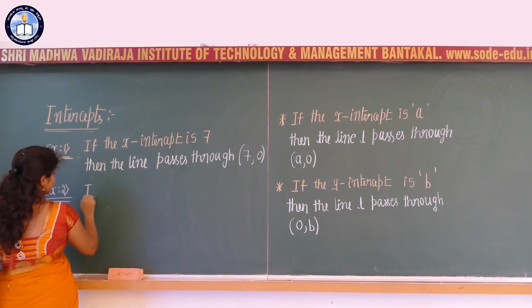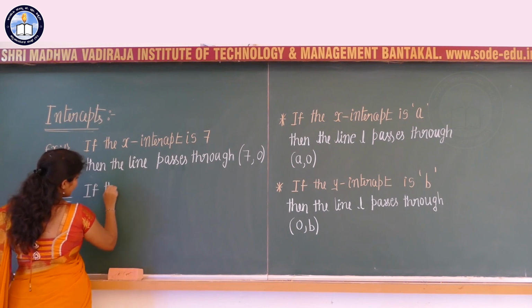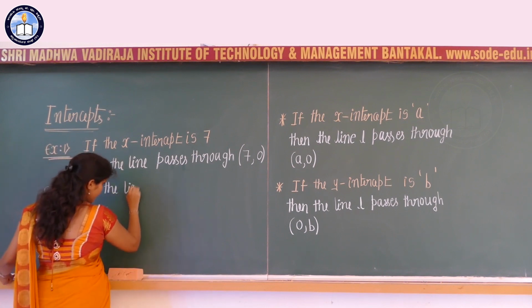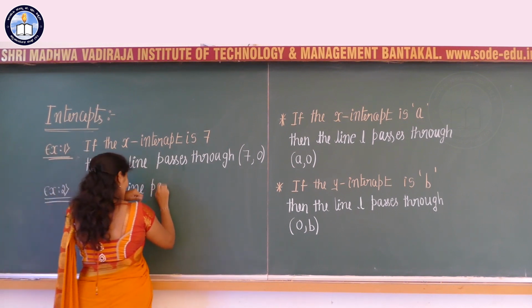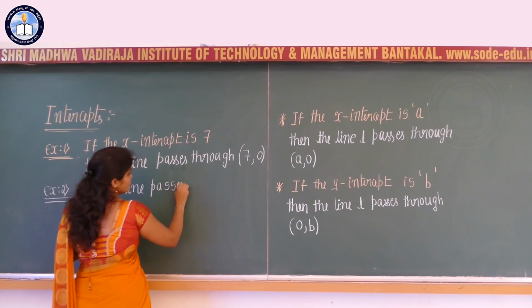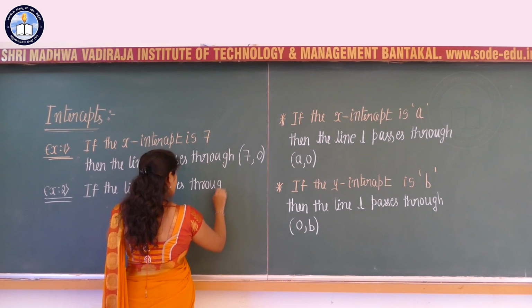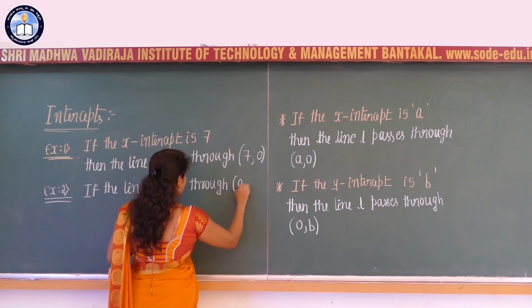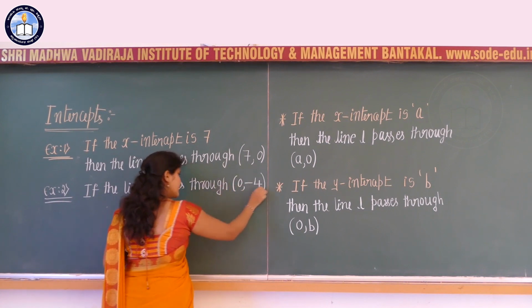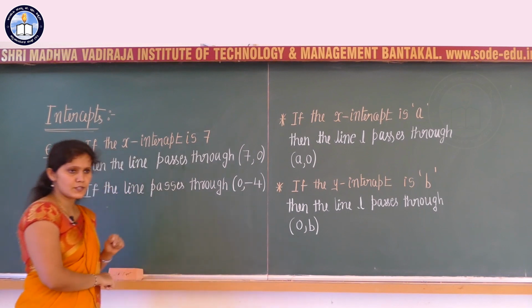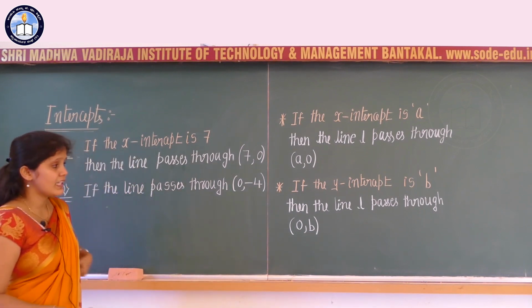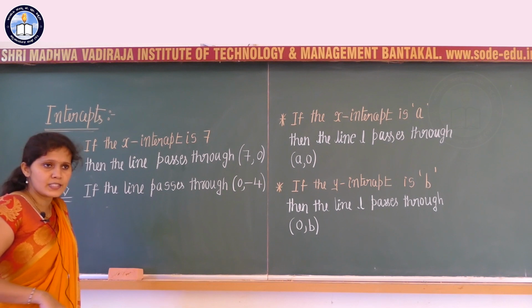So let me consider the next example, example 2. It is given that the line passes through the ordered pair 0, -4. What is meant by the line passing through 0, -4?